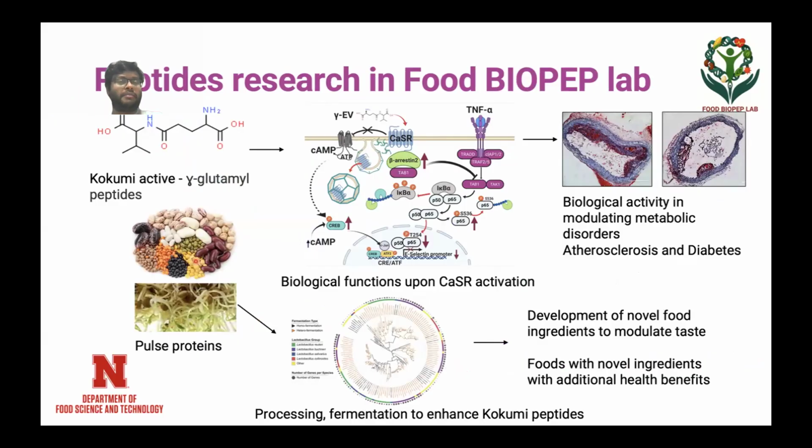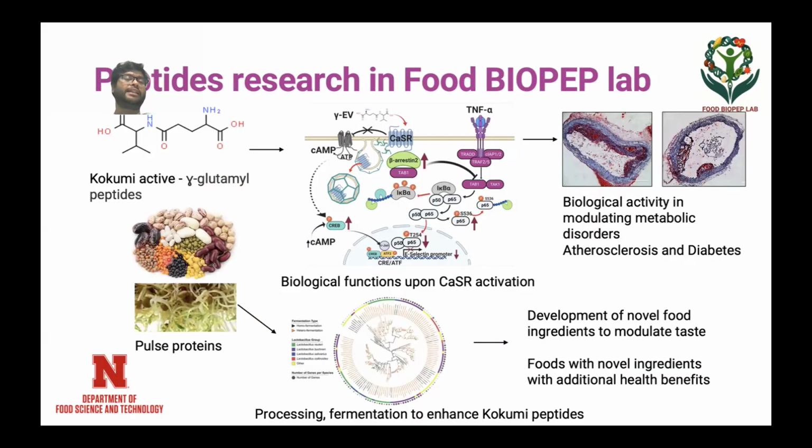My lab primarily looks at the gamma-glutamyl peptide. It's also an isopeptide, which is kokumi active. Once these peptides bind through a receptor called the calcium sensing receptor, they can reduce vascular inflammation. We have demonstrated that with these peptides, we can reduce atherosclerotic plaque development in mice.